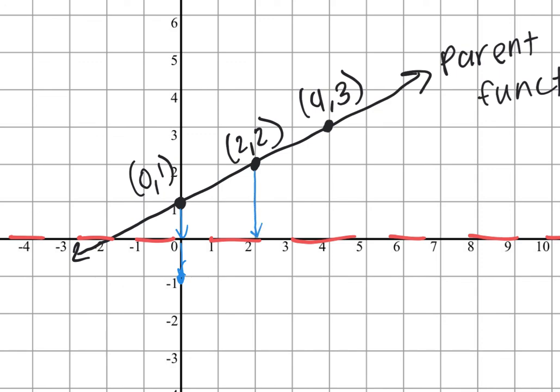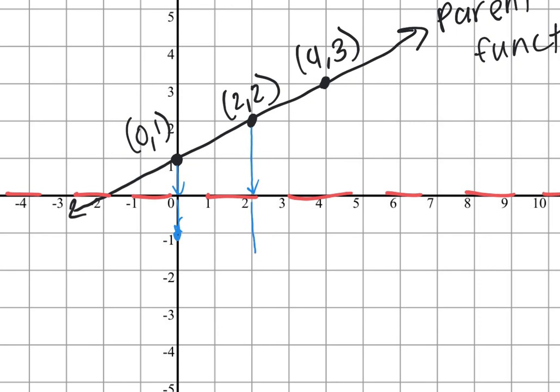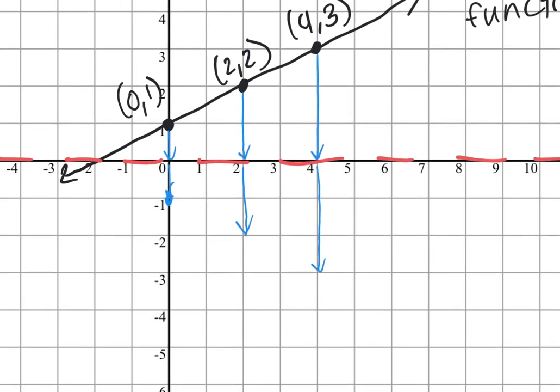And then the next one after that would be right there. See how we move down 2 to get to the line? We move down another 2. We move down 3 to get to the line. We move down another 3. Draw a line connecting all of them.